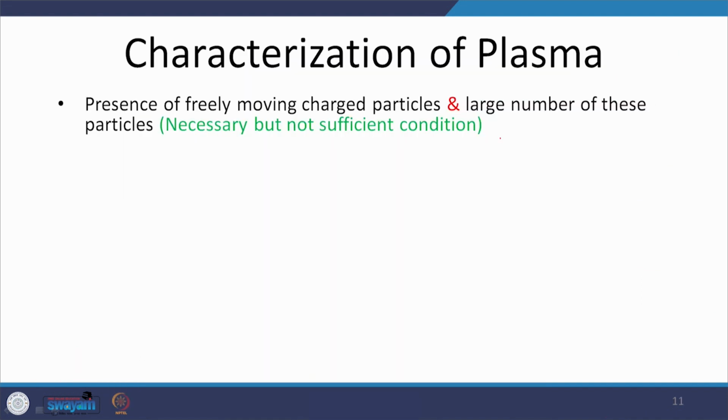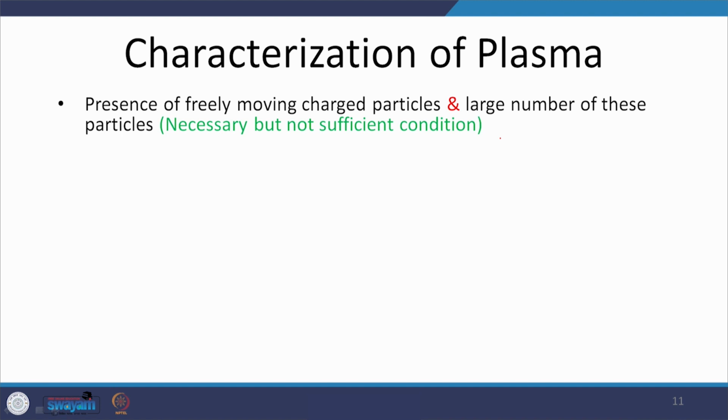So, how do you characterize plasma? Not all plasmas are the same, right. You cannot compare astrophysical plasmas to the plasmas that you see in a fluorescent lamp or in a fusion reactor. All these plasmas are different. How are they different? They are different by having a different number of electrons per unit volume. They are also different in the available temperature inside.